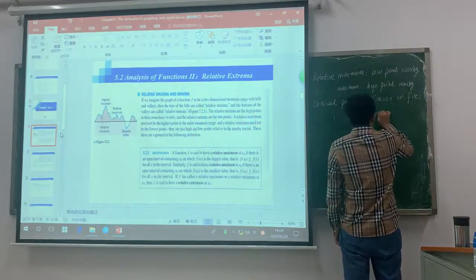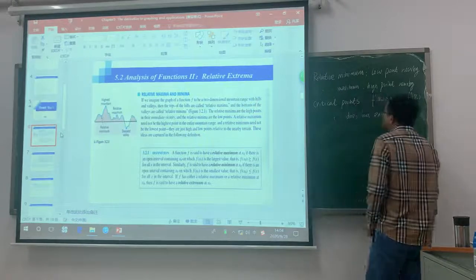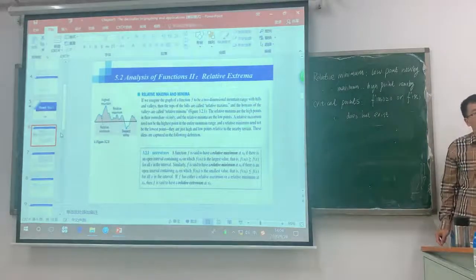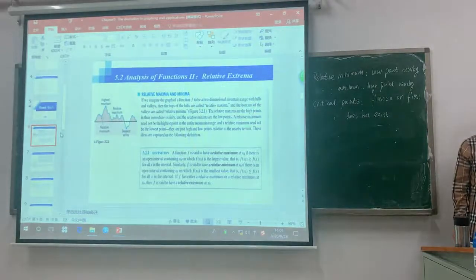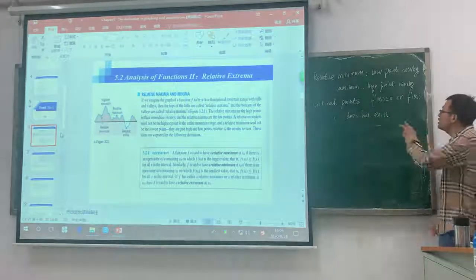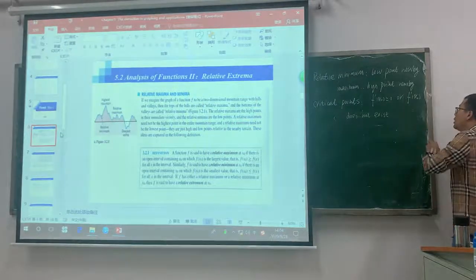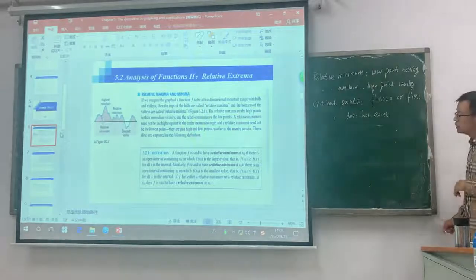Critical points equal to two kinds of points. The first is the derivative equal to 0, and the second is the derivative does not exist.